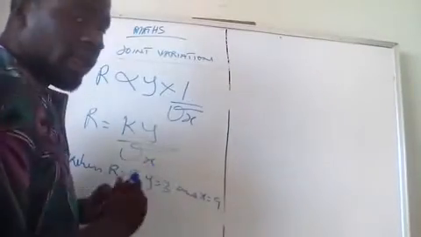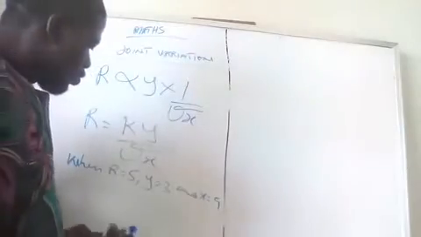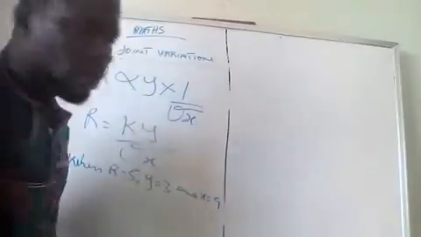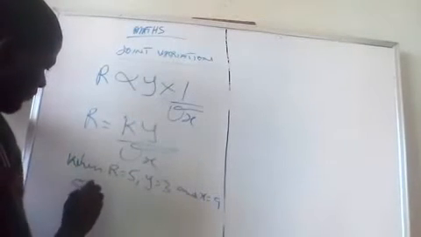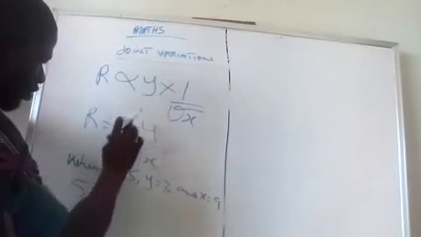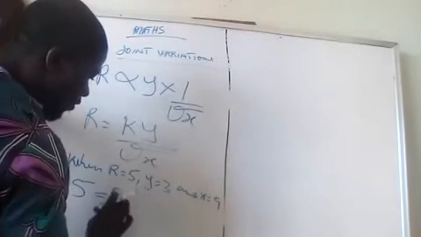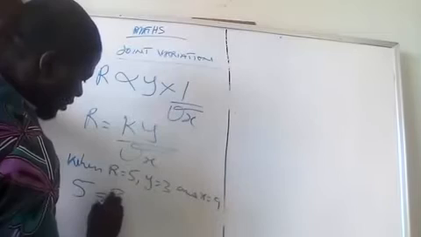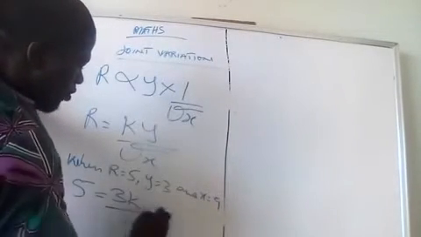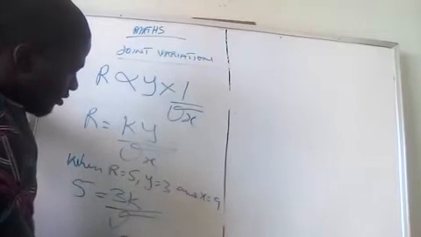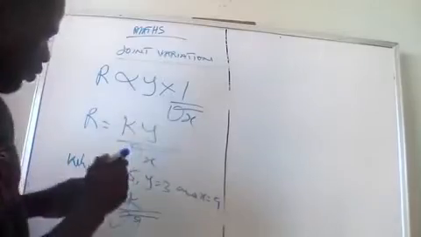We are looking for K. So what we will do is put the values which we have been given. R is equal to 5, equal to, we don't know the value of K, but we know our value for Y. You have 3K, because K doesn't have a value, all over the square root of X. What is X? X is 9.